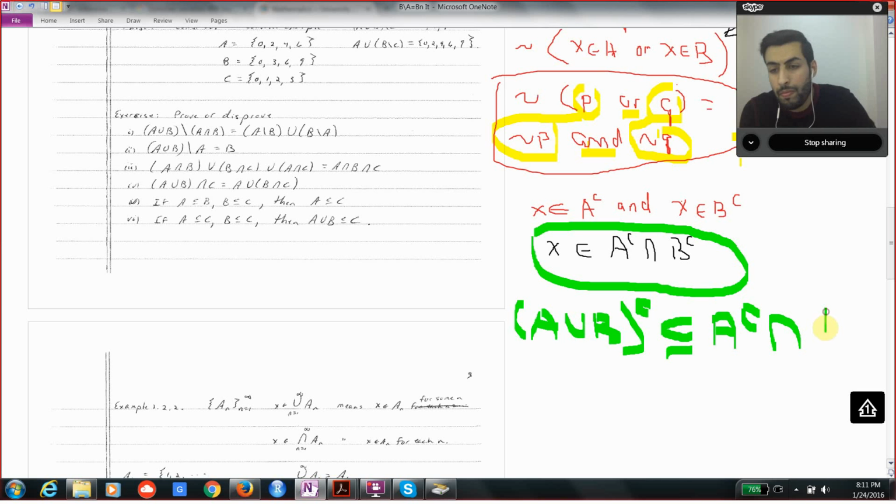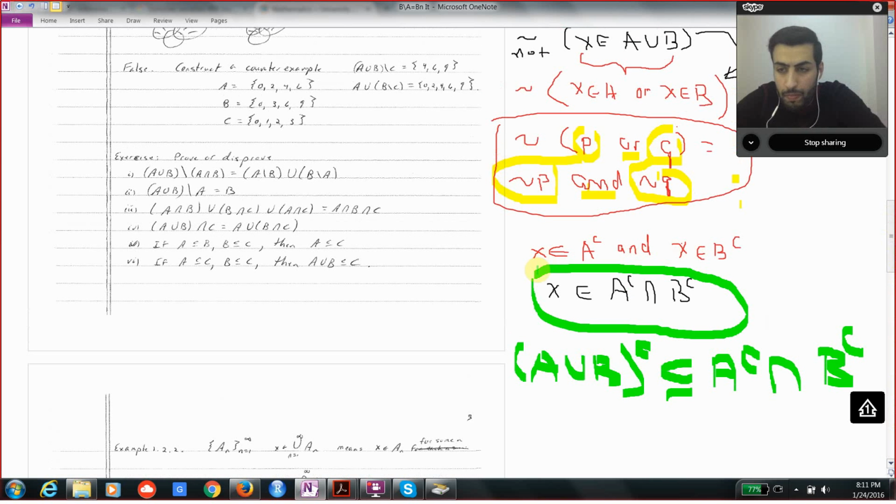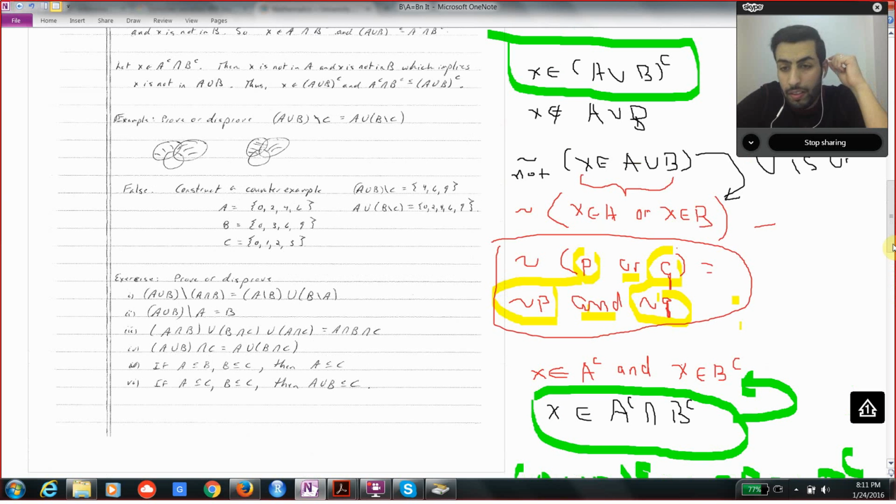Now, there's something important to understand. Each of these steps is reversible. That means that each of those steps can go backwards. For example, if X is an element of A complement intersection B complement, then X is an element of A complement and X is an element of B complement, right? So that goes backwards.